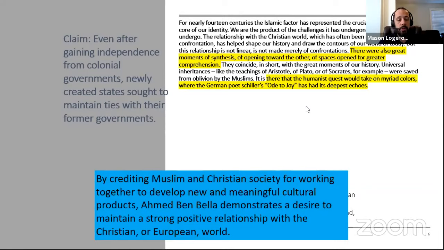Now, you could also write this in your own words, something like what I have here, that he's demonstrating a desire to maintain a strong, positive relationship with the Christian or European world. Okay, so again, you should be able to find the evidence in the document, but you also need to be able to put it in your own words and explain exactly how it proves that claim.